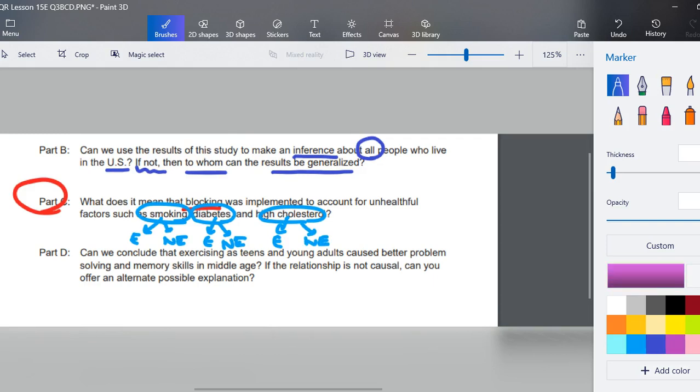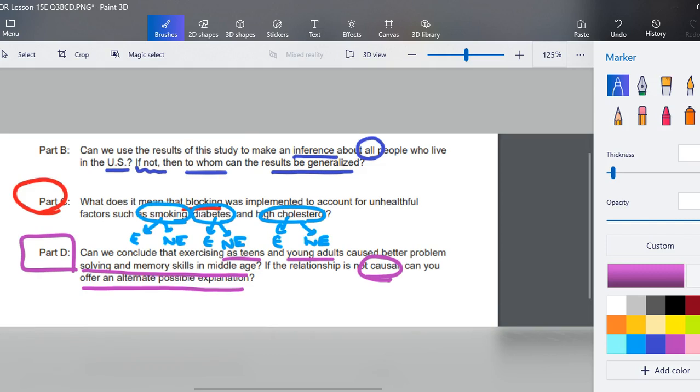And so then it says, can we conclude that exercising as teens and young adults caused better problem solving and memory skills in middle age? If it's not causal, can you offer an alternate possible explanation? Well, we got to be real careful with that C word. So we cannot conclude a causal relationship in this observational study because it's an observational study.